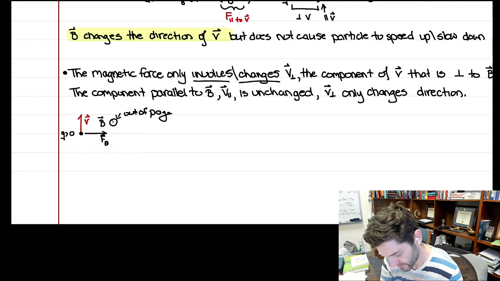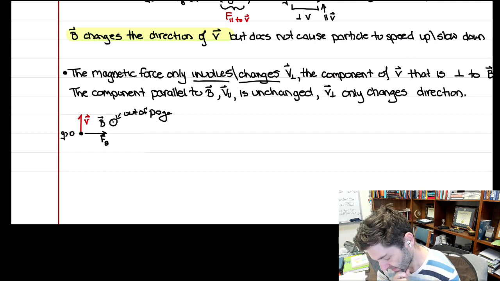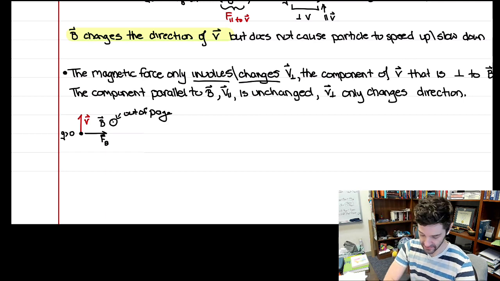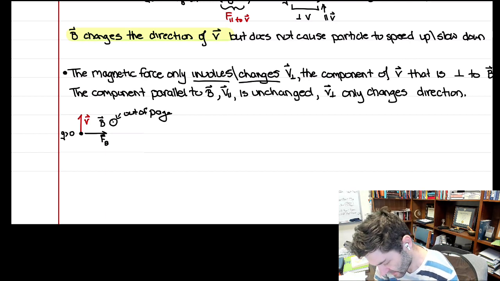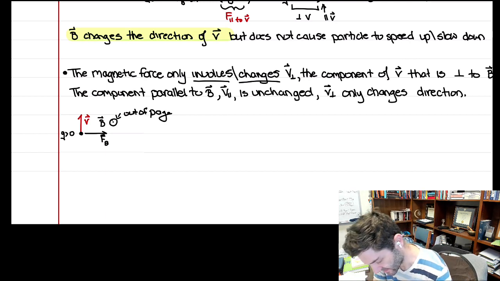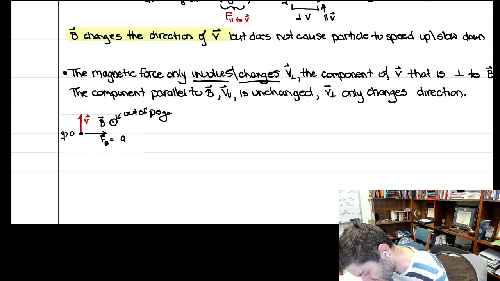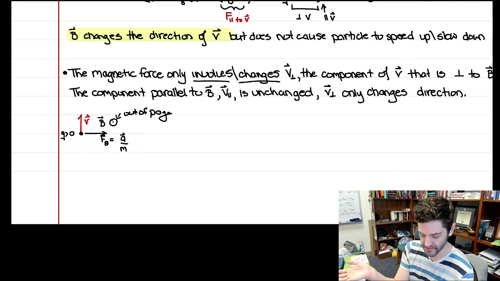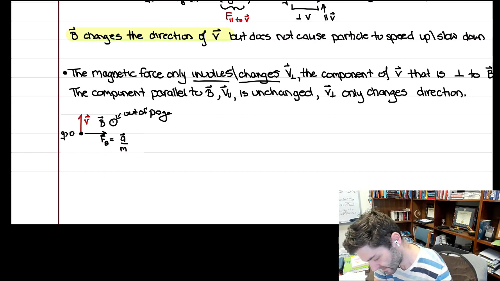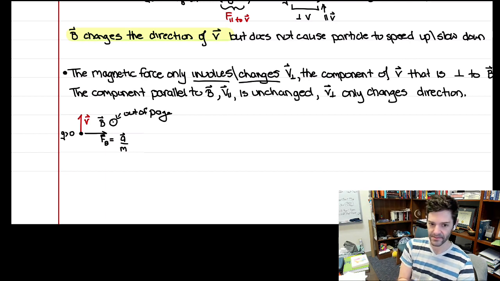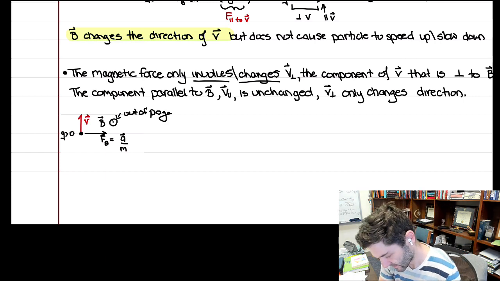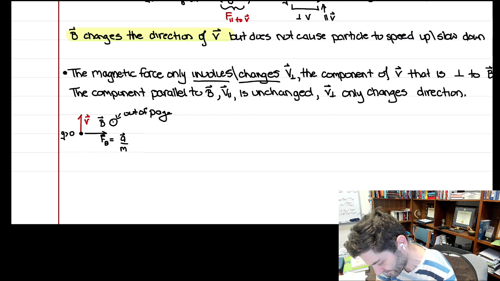In this case, the velocity is also perpendicular to B. The entire velocity vector is perpendicular to B. And as a result, force is the same thing as acceleration times mass for this particle, and acceleration tells you how the velocity vector changes. This is going to cause the velocity vector, if it's initially going up, eventually to start curving to the right on this piece of paper.